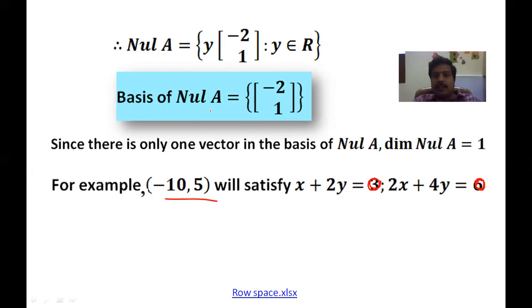Null space A will have the solutions for the homogeneous equation, that is Ax is equal to O in matrix form. So x plus 2y is equal to 0 and 2x plus 4y is equal to 0. These two equations will be satisfied by all vectors which are in the form y times (minus 2, 1), where y is a real number.